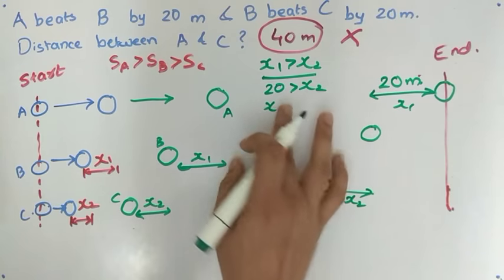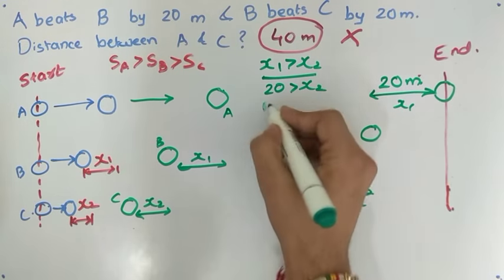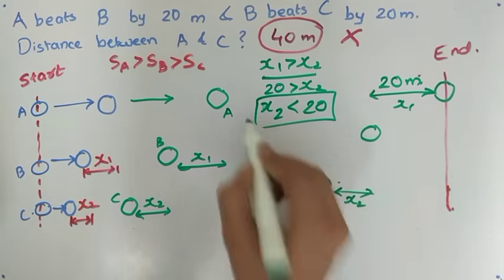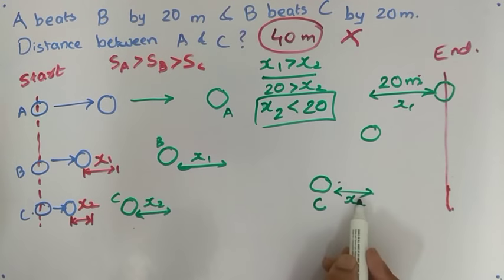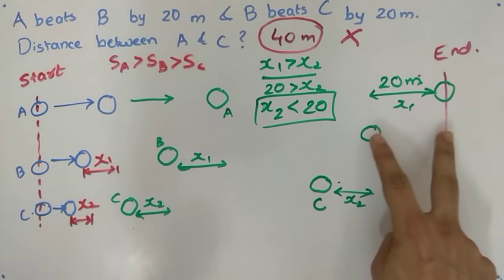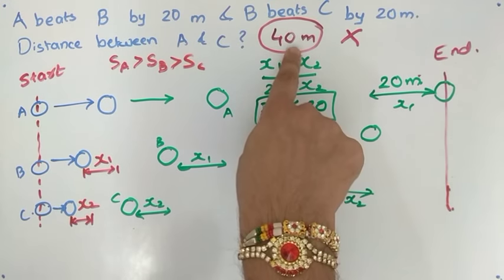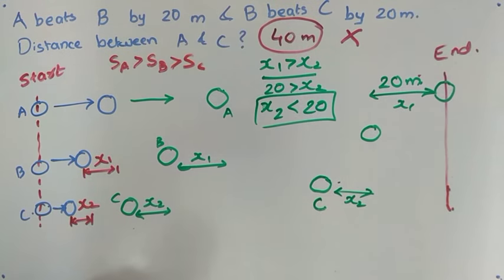That means simply x2 is less than 20. But how much less? At this point I have concluded that this cannot be 20, it is for sure less than 20, therefore the option stating 40 meter is wrong.